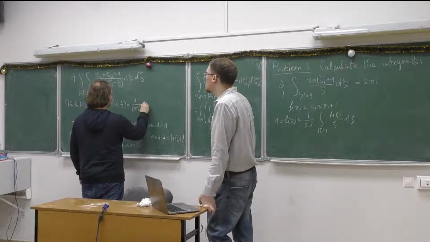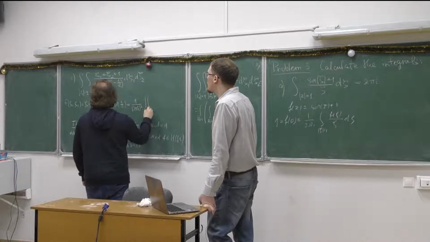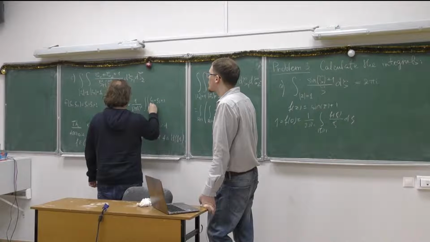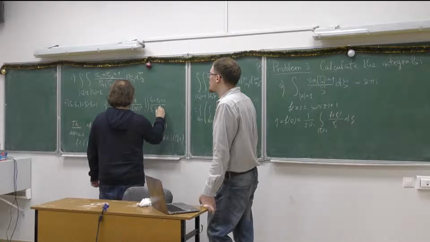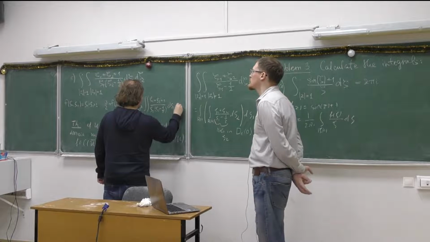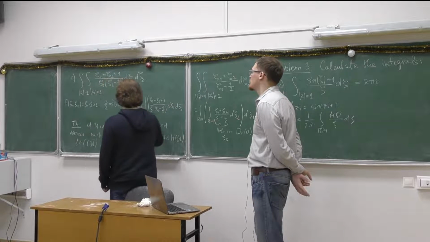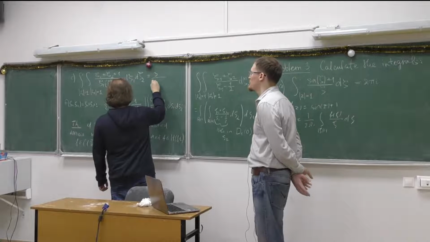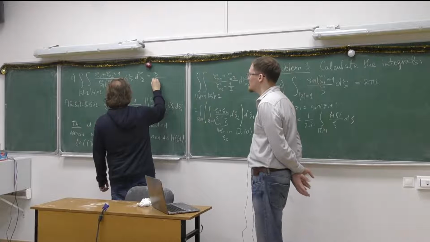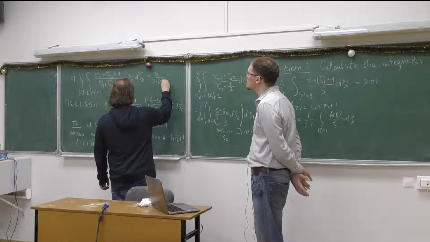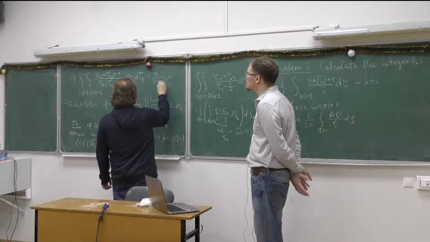No. So here's the expression. So we have that this is 3 over 2 times 3 pi i squared.